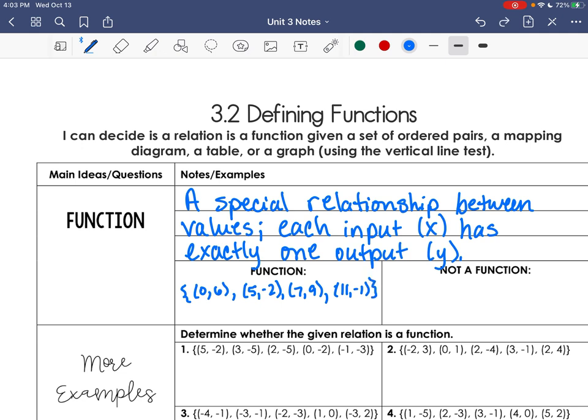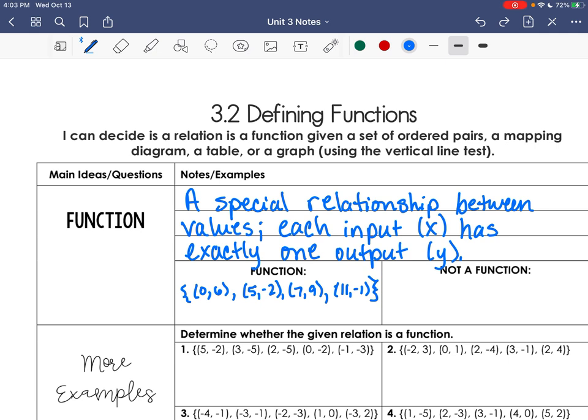That would be a special relationship, a function, because each one of these x's, 0, 5, 7, and 11, all have a different y. They're all going to a different place.